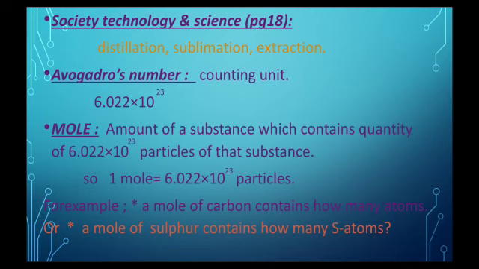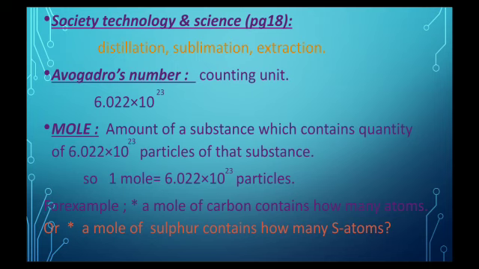It shows that number. Okay, then there is mole. By studying about the mole, you will be able to know more about Avogadro's number. Mole is that specific quantity of anything which contains 6.022 into 10 raised to power 23 particles or amount or quantity of that substance.